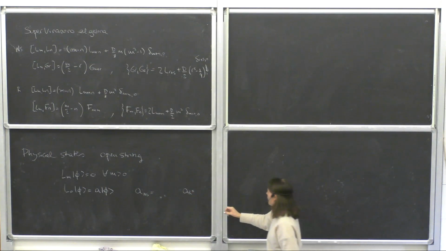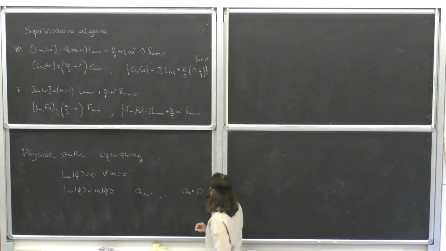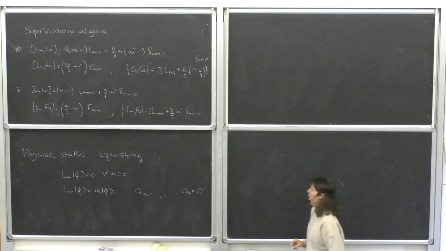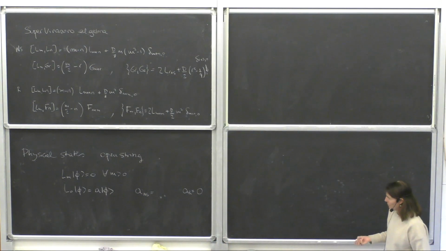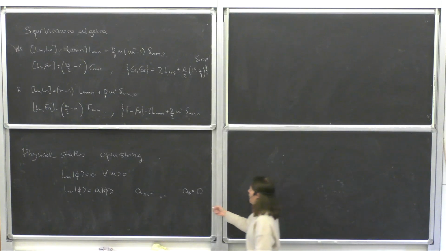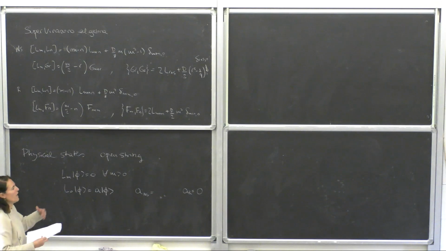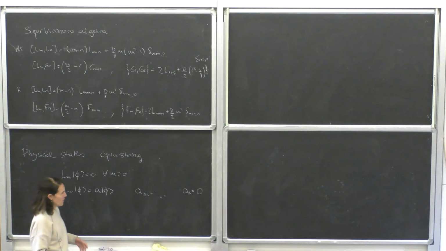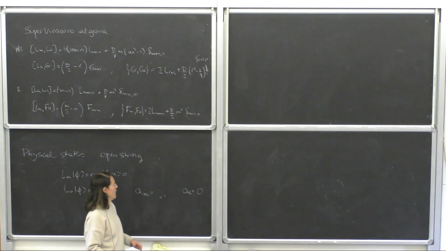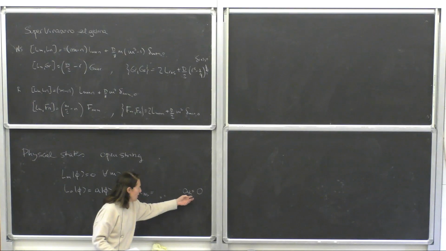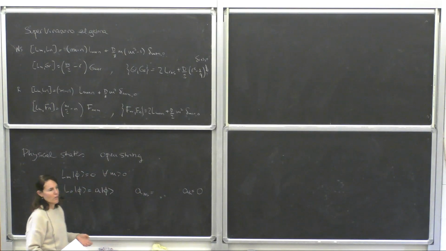In the Ramond sector it is 0, and the intuition is that the zero-point energy of the bosons cancels with the zero-point energy of the fermions, because they both have periodic boundary conditions.